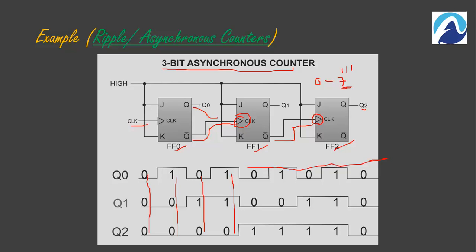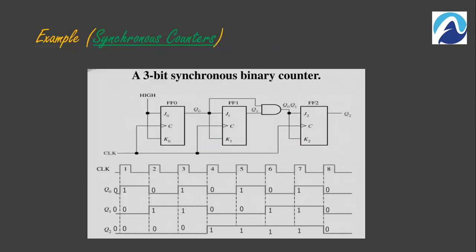Let's see the example of a synchronous counter. This is the example of a 3-bit synchronous counter. Again, I'm going to use 3 flip-flops, flip-flop 0 which is the LSB, flip-flop 1 and flip-flop 2. As you can see in this circuit, the clock of the first flip-flop, the second flip-flop and the third flip-flop are connected to the same clock circuit.